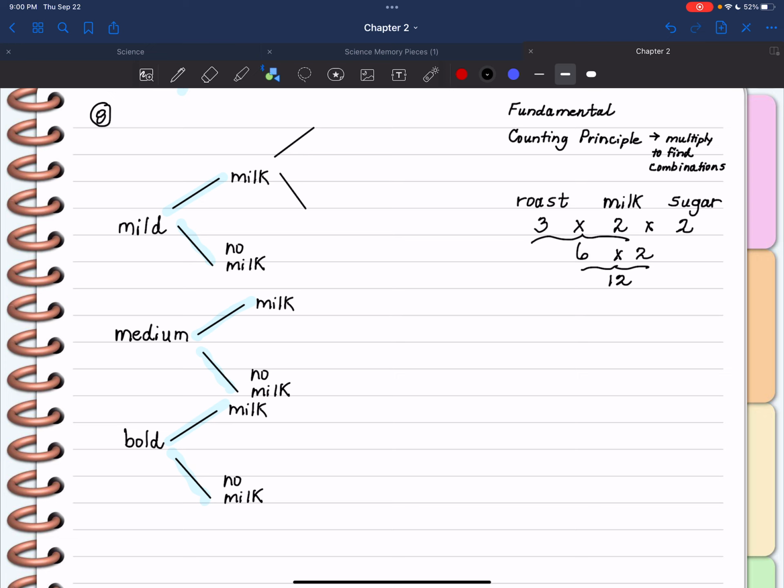So sugar, let me close that gap just a hair or that won't fit. If you can't get it to fit, close the gap in your tree and it'll fit a little better. So sugar or no sugar.